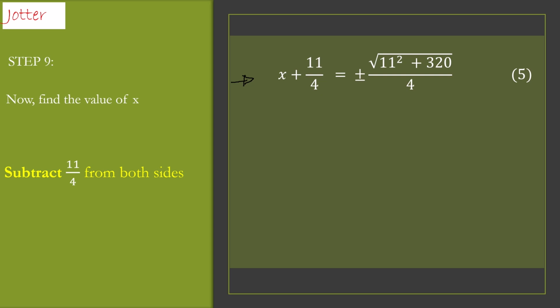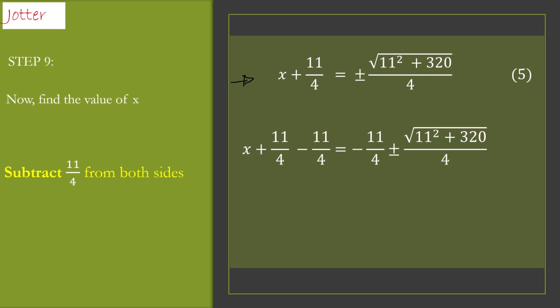So we now have that expression whereby 11 over 4 on the left hand side, we cancel 11 over 4 here, and we now have the expression x equals minus 11 over 4 plus or minus square root of 121 plus 320 over 4.